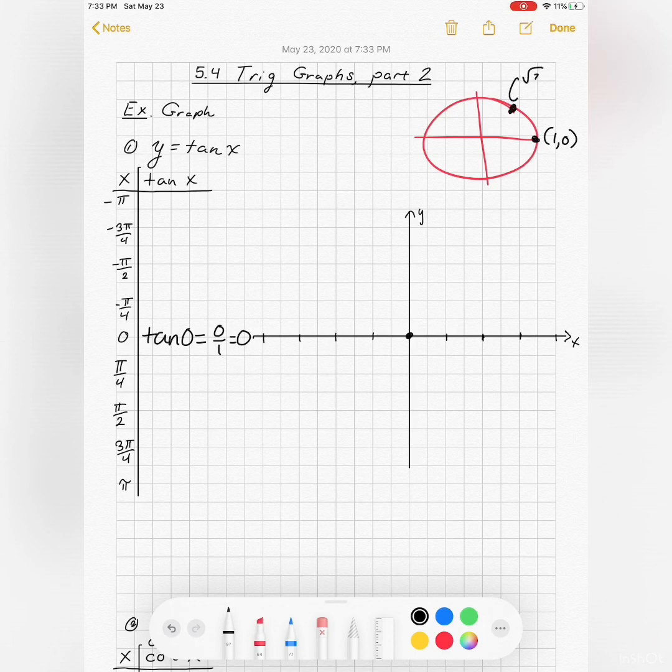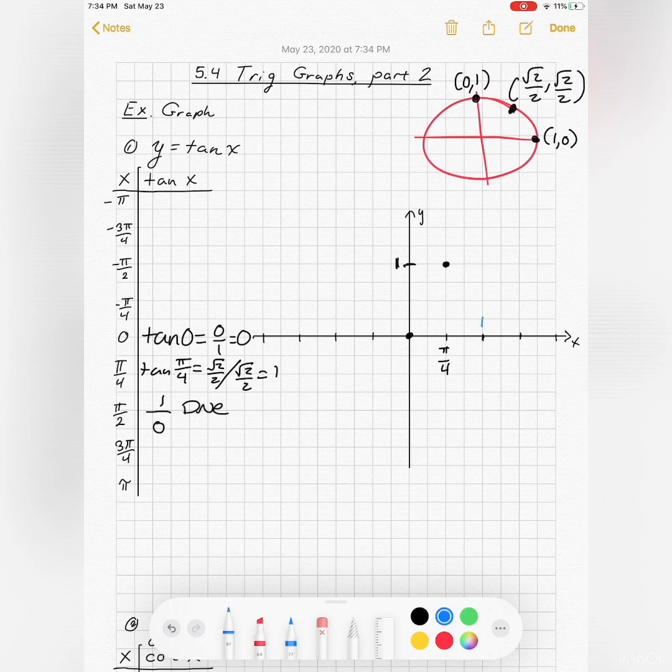Do you remember the terminal point for pi fourths? Okay, so tangent of pi fourths, if I divide root 2 over 2 by itself, the result is 1. Okay, pi halves. 1 over 0 actually does not exist.